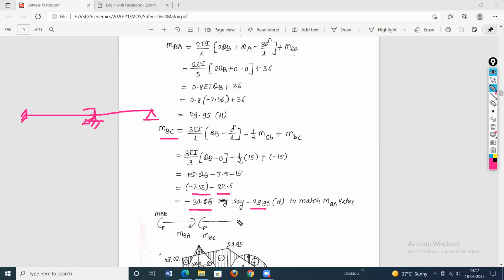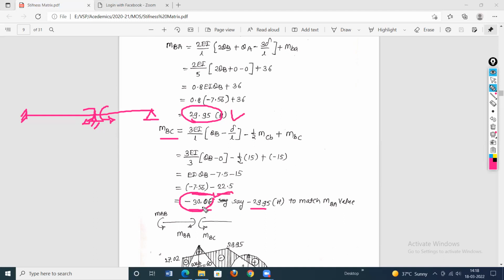Okay, so this answer is a minus. That means this moment is in the anti-clockwise direction. Now this moment, that is MBA, is 29.95, and MBC by this calculation is found to be 30.06. Actually, the summation of this moment and this moment must be equal to 0.